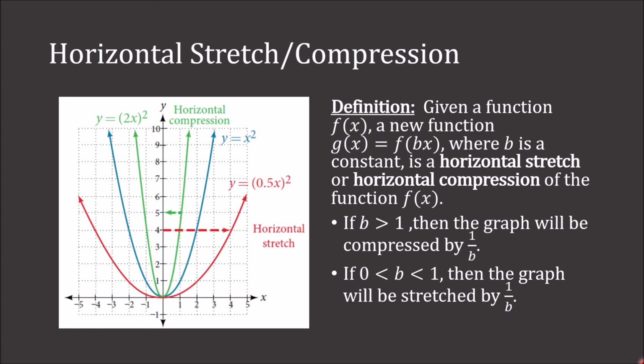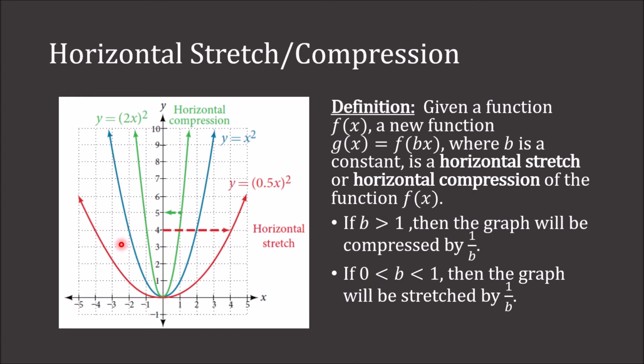If b is between 0 and 1, then the graph will be stretched by a factor of 1 over b. And again, just as with the vertical, if b happens to be negative, it will be reflected across the y-axis, and then will be either compressed or stretched based on these conditions.